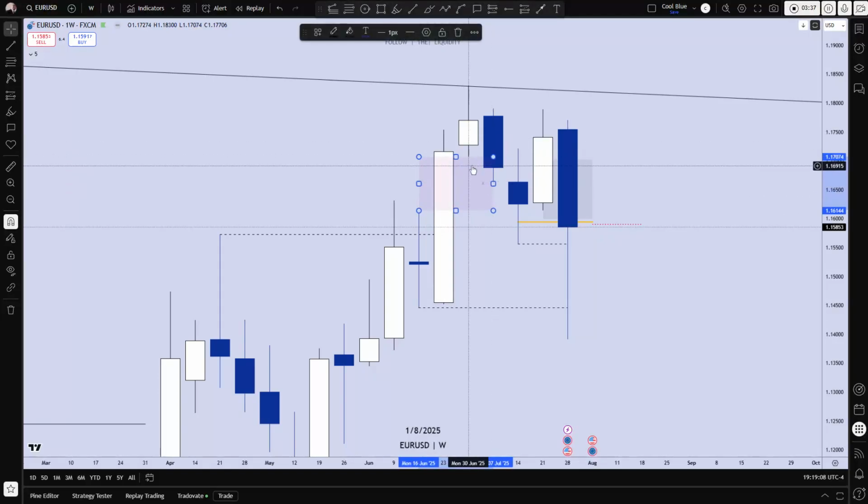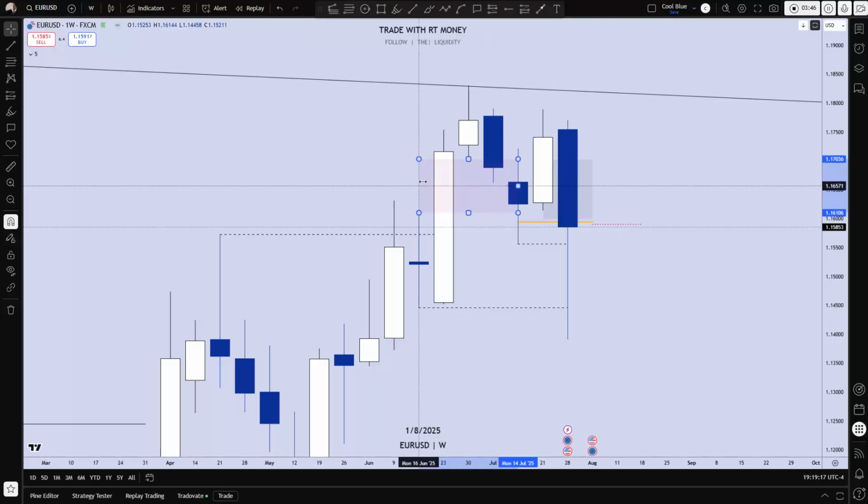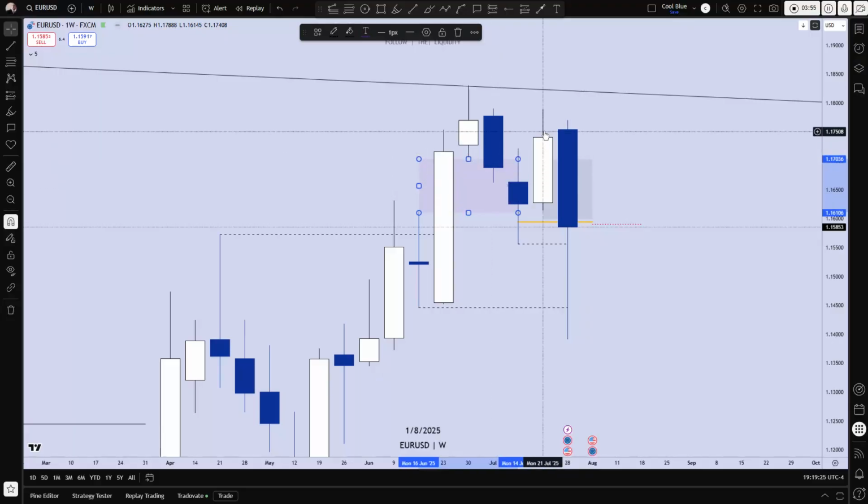So you had a reasonable expectation that price would continue higher from it. However, that's not what happened. Price pushed down into the fair value gap, started to pull up, and we were like, oh okay, it closed above. That means we should be seeing some daylight.